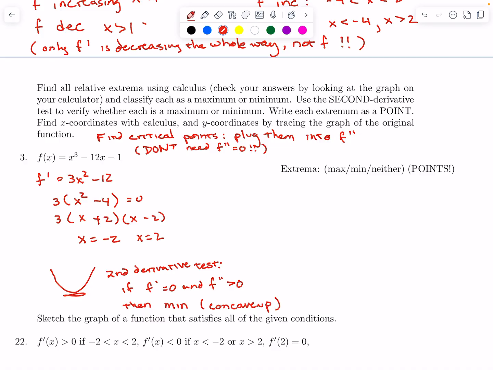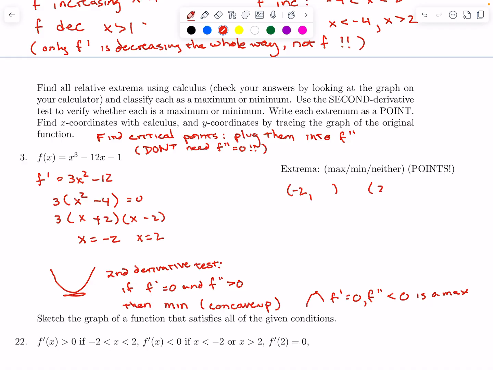Okay, so negative concavity for a max, and that's a little counterintuitive because you would think plus would be a max, but no. Okay, so the extrema are at negative 2 comma something as points.